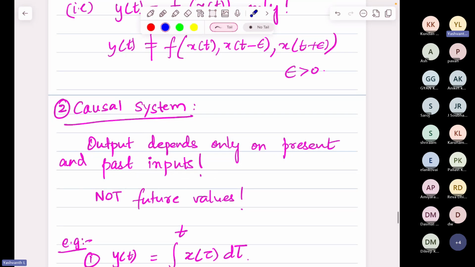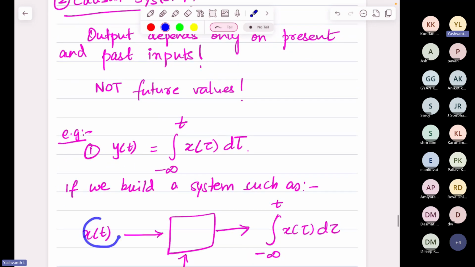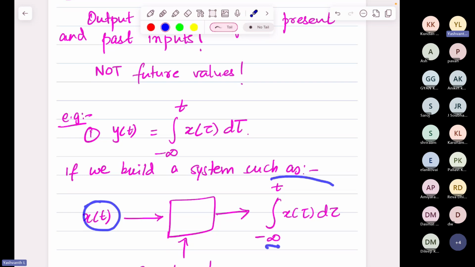Okay, an example: if you define your system as something that takes x of t as the input and gives the output as this integral from minus infinity to t of x of tau d tau. So what essentially it does, it takes all values of x from minus infinity to the present time t and then basically adds them up. Integral is nothing but limit of sum.